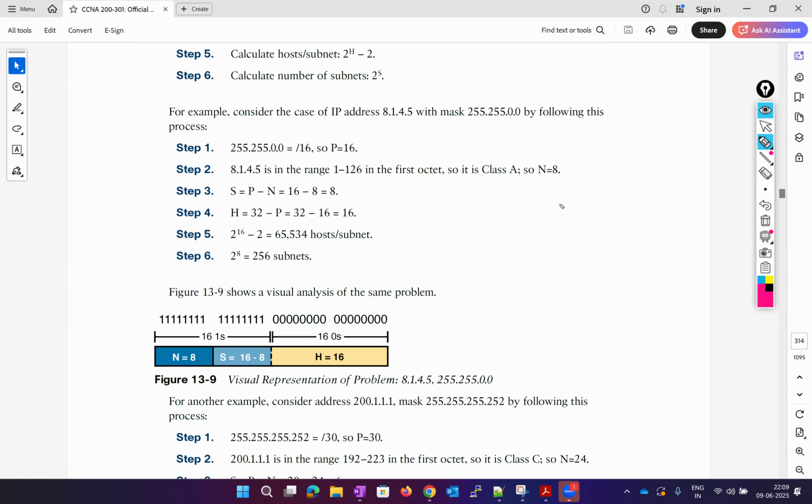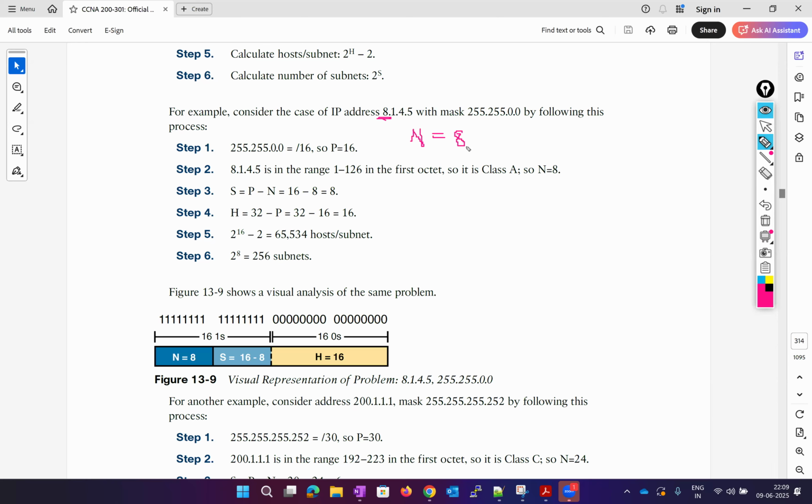Now let's try to solve it. 8.1.4.5, 255.255.0.0. Now we know that 8 is a class A IP address. So we already know the network bit is going to be 8. We are confirmed.